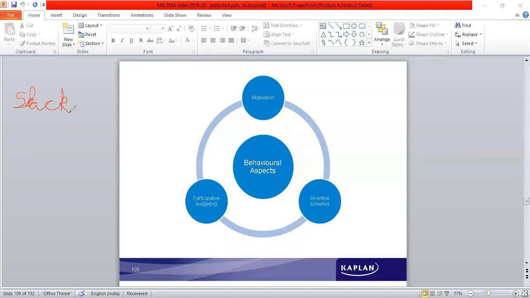There would be accountability. So at the time of preparing the budget, instead of giving the right amount of budgeted figures, they can include excess cost. If something costs 50,000, instead of giving the feedback that that item would cost 50,000, they will mention that it would cost 52,000. So that is a kind of relaxation.